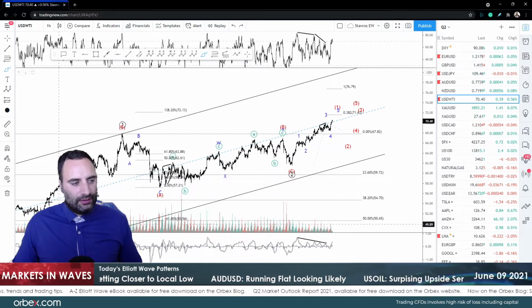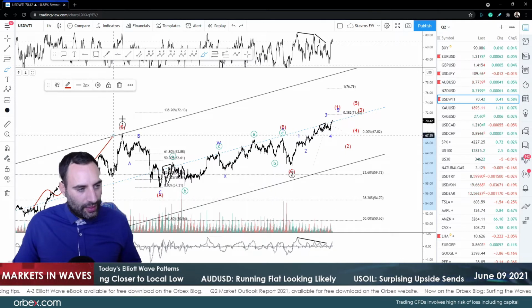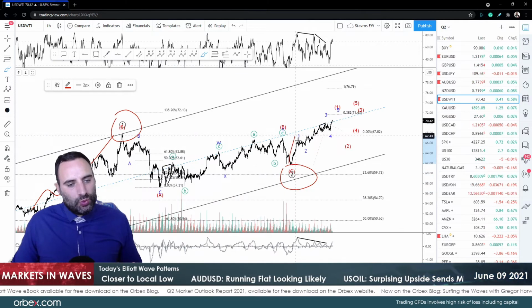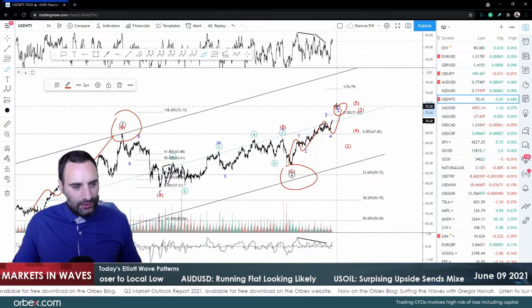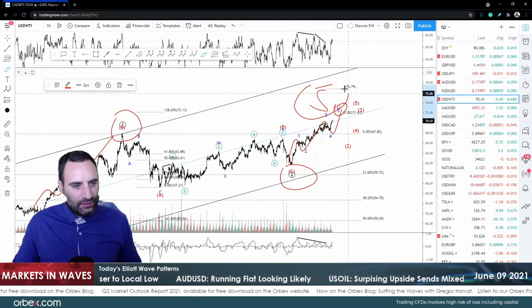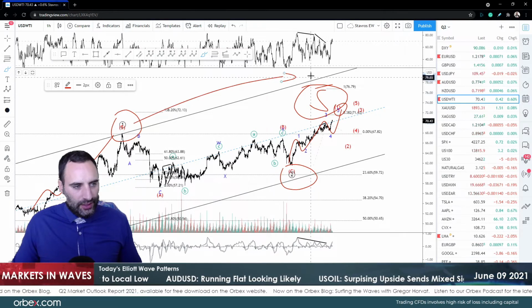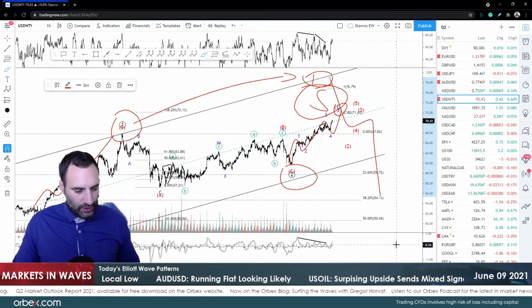Okay, and we look at the previous waves: 1, 2, that's the 3, and that's the 4. That means 1, 2, 3, 4, and 5 could be the end of 5. Which means wave 1 is going to start over here. Then we're going to get a much deeper correction in wave 2.